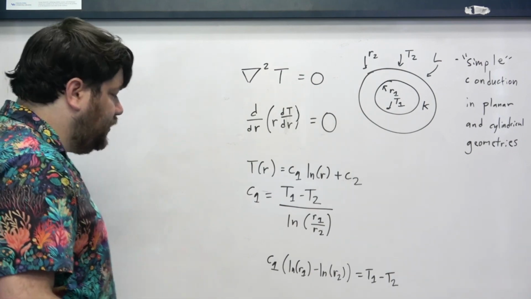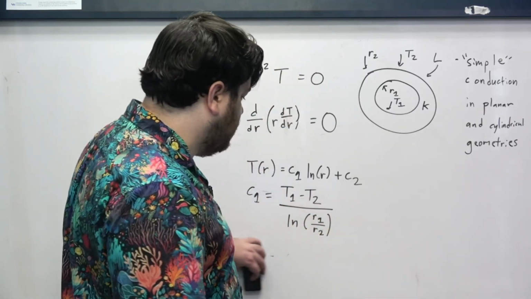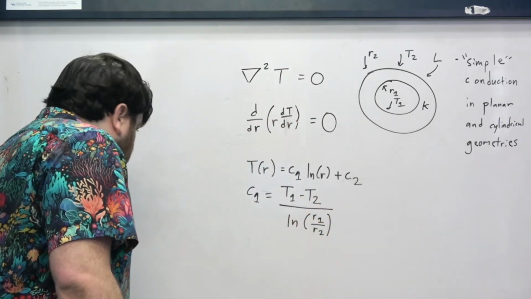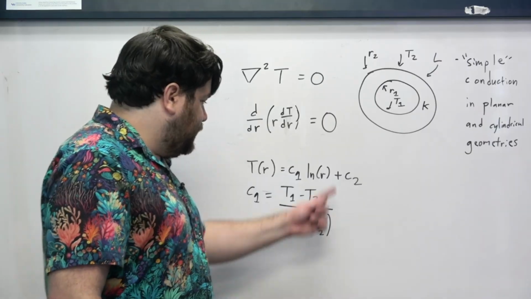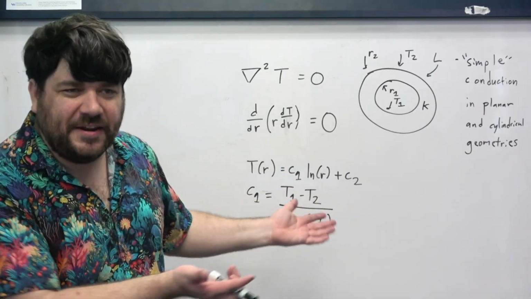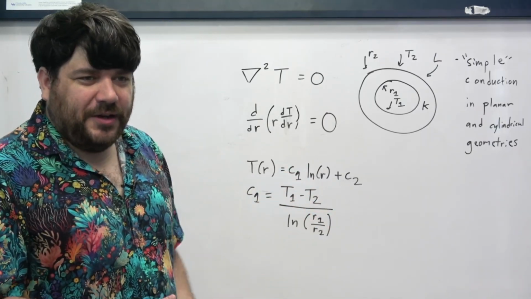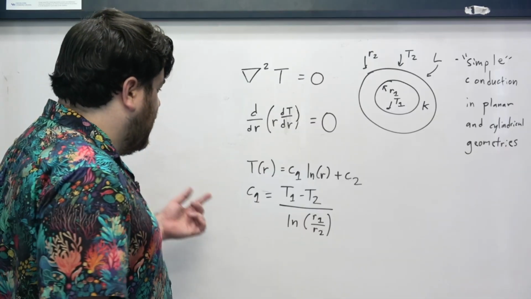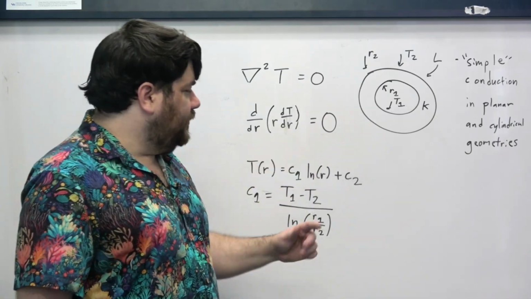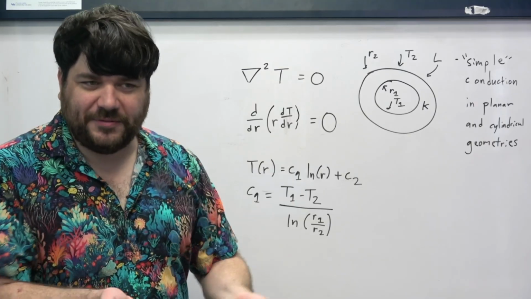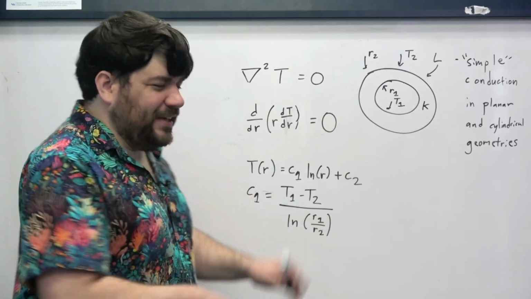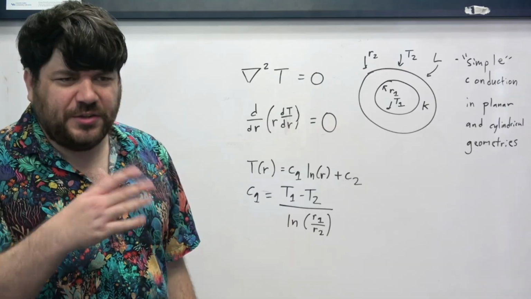How do we find C2? Well, we now know what C1 is. We would just have to insert it into this equation and then plug in the value of any of the other equations, right? So we can either analyze the system at R1, say that this is equal to T1, like in the equation we derived before, but we could also just as easily do it for R2.